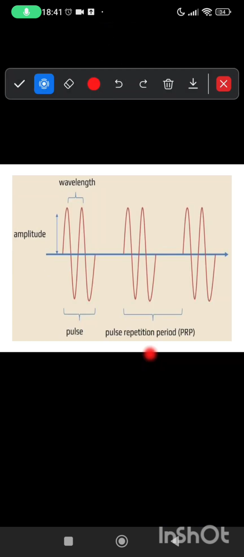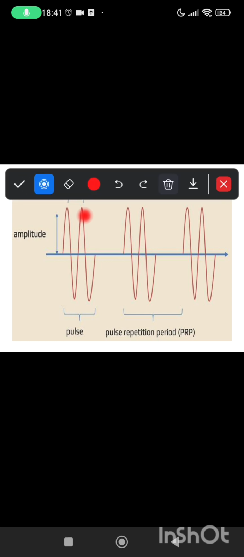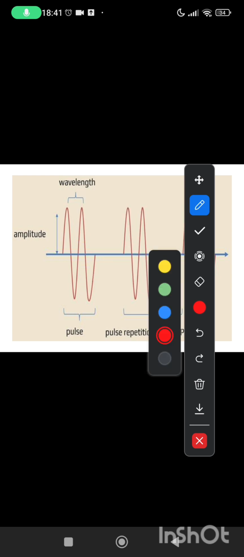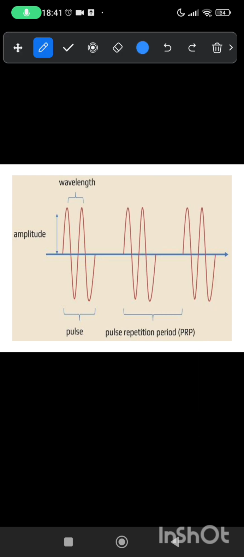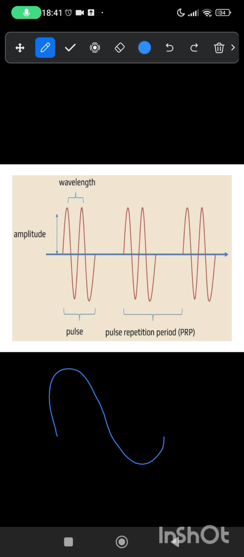So here we can see different pulses. Okay, here we can see wavelength from one point of cycle to the other. And what is a spatial pulse length? The whole distance of one pulse. Wavelength is related with the cycle, one cycle. So this cycle length is the wavelength.